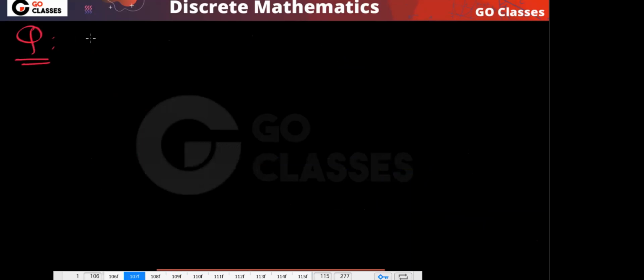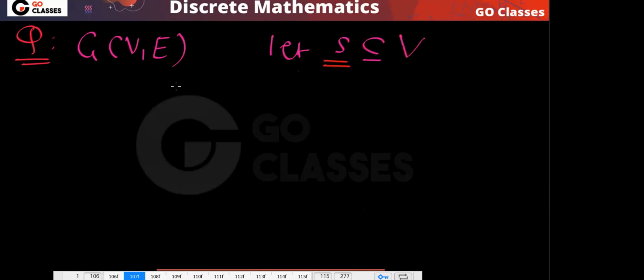And this is a very simple question. This is your graph G = (V, E), and let us assume that S is a subset of V. So you have a set of vertices.